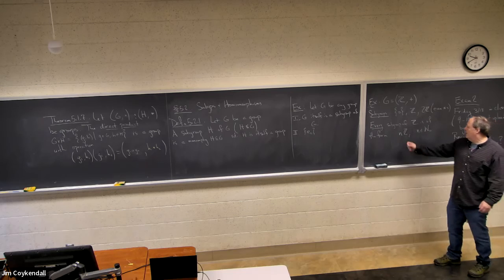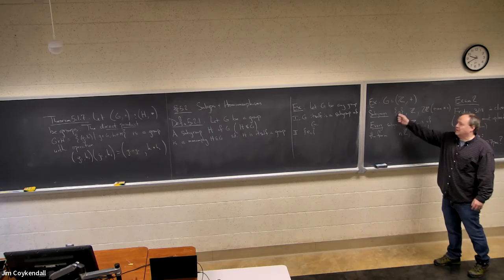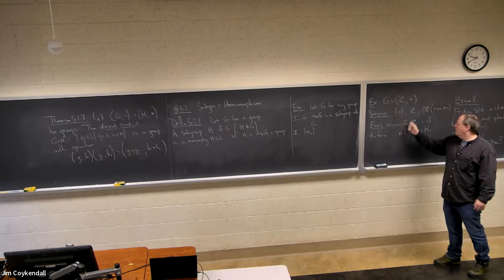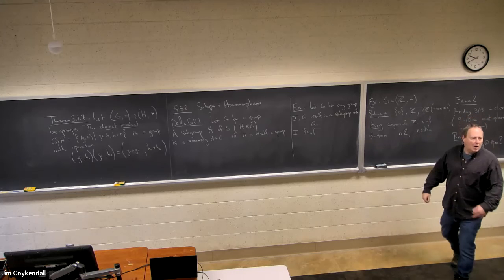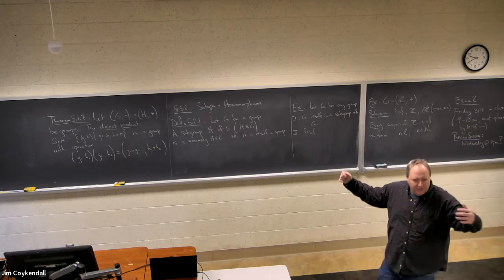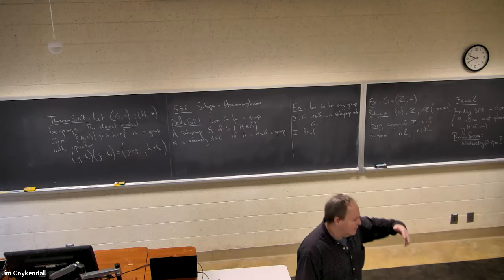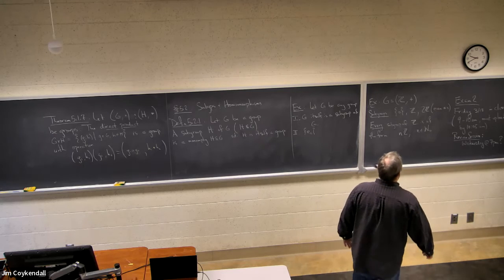So for example, when n is 0, you get 0Z, you get this. When n is 1, you get this. When n is 2, you get this. But you can use any n. All the multiples of 17, that's a subgroup of Z. All the multiples of 300, subgroup of Z.